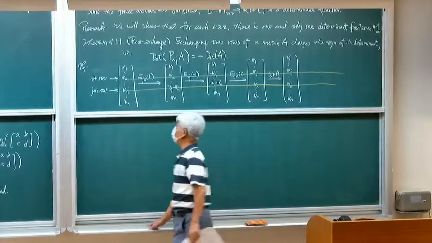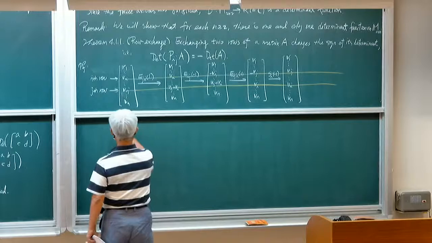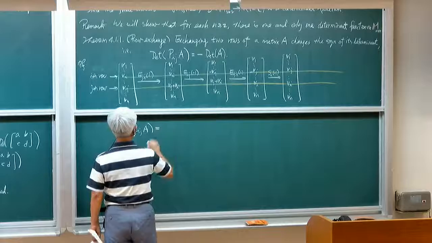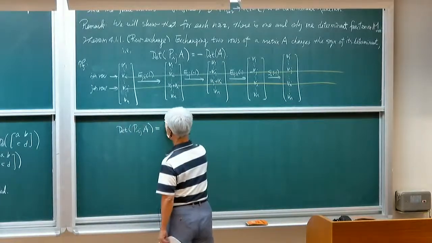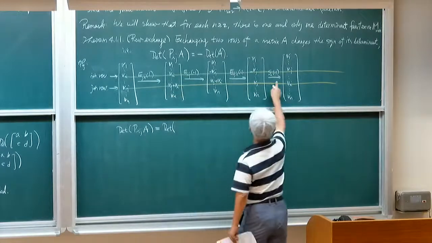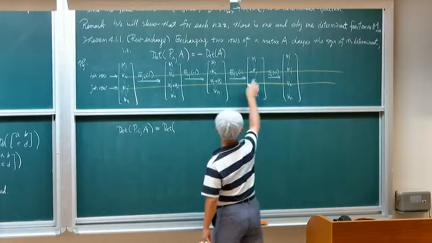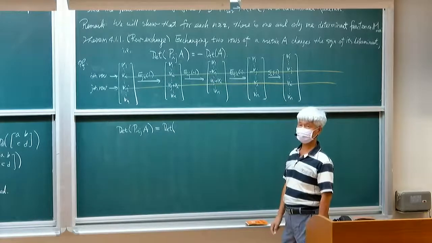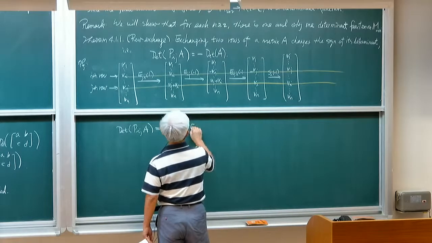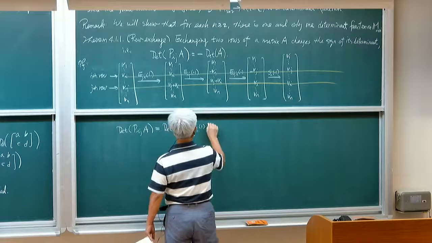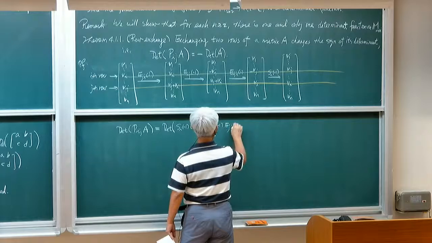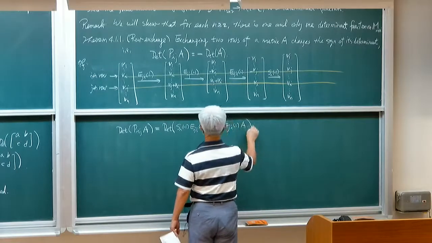Okay, so now the determinant of Pij A. So Pij A can be done by 3 replacement operations and one scaling operation. So we have Si(-1).